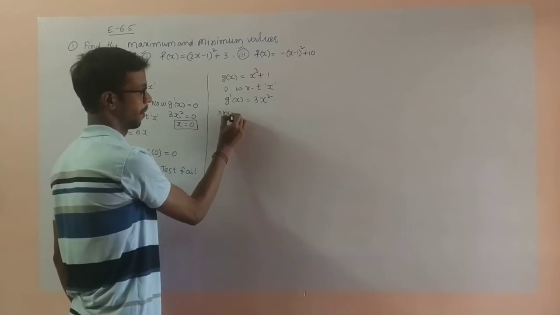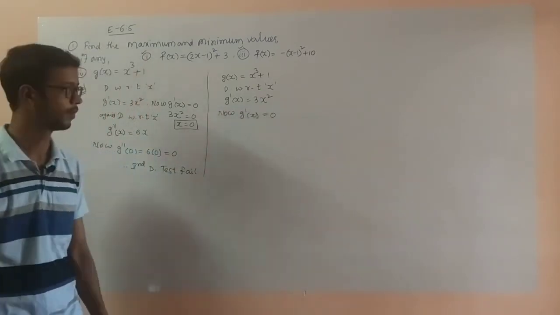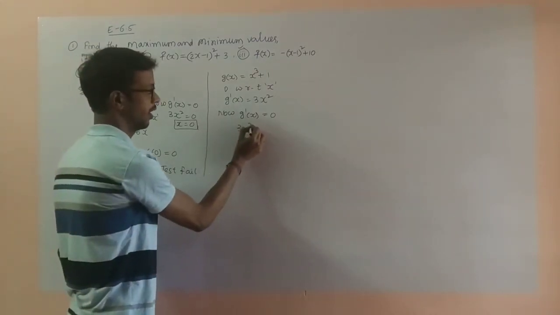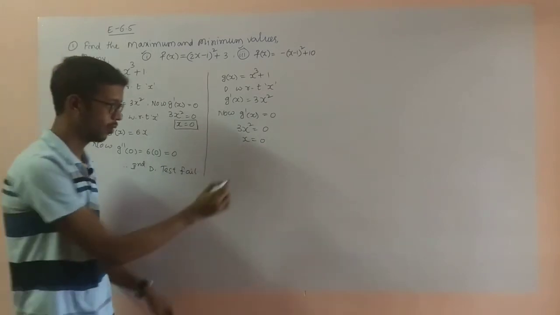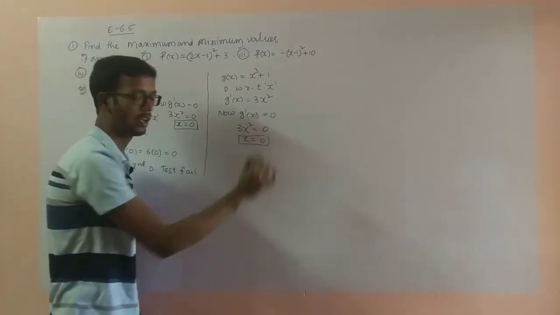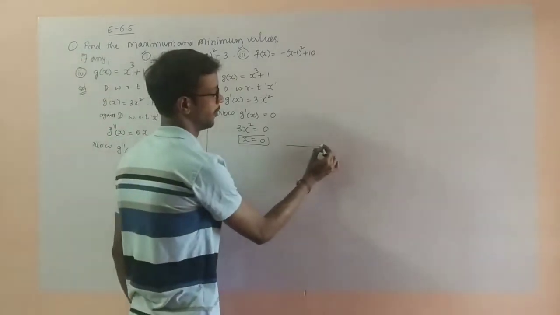Now g dash of x is equal to 0. 3x square equal to 0, x is equal to 0. x is equal to 0 is the critical point.